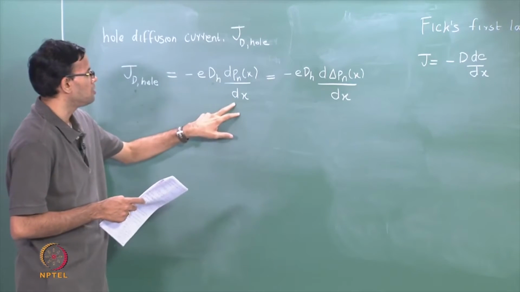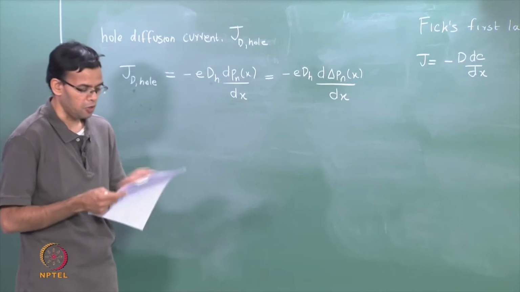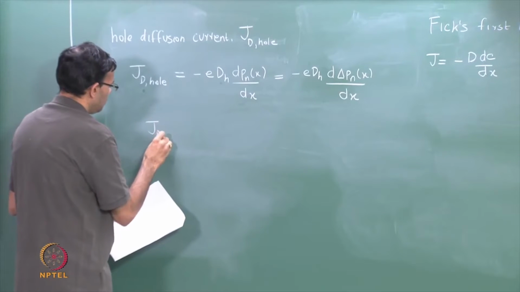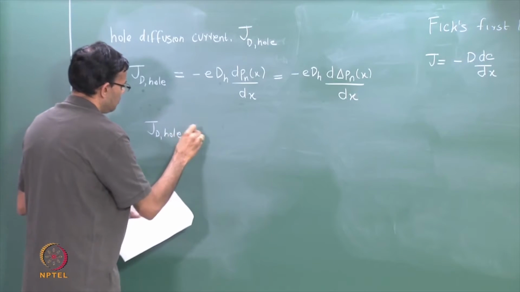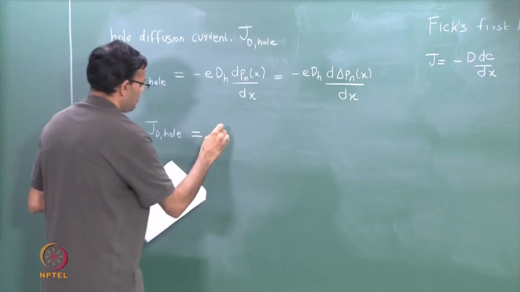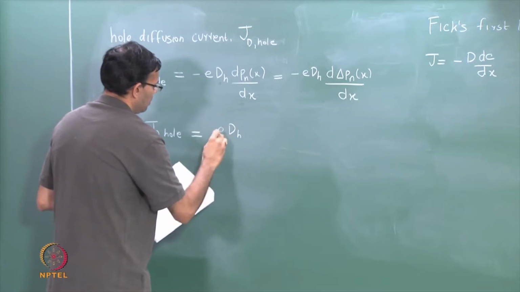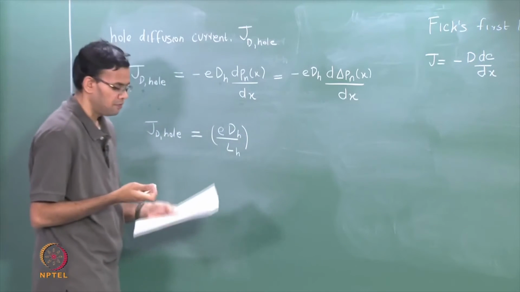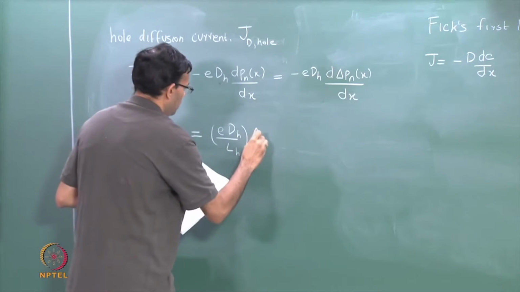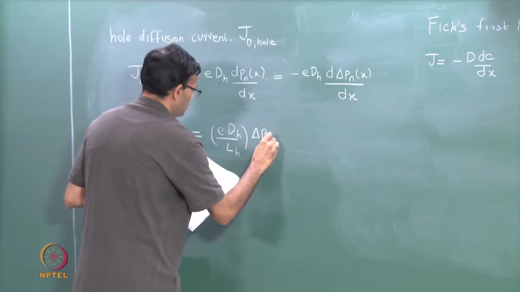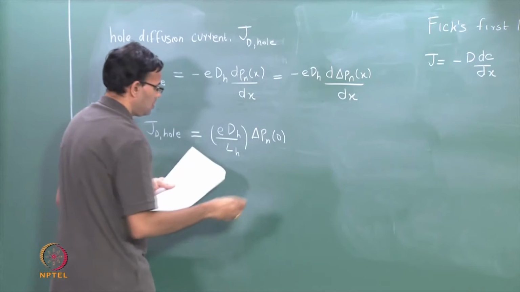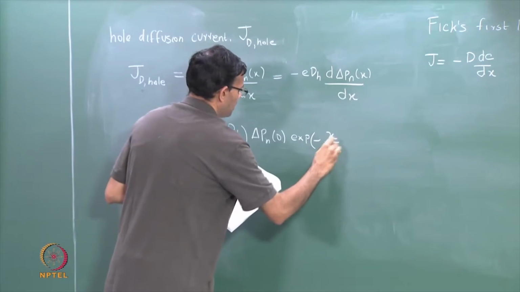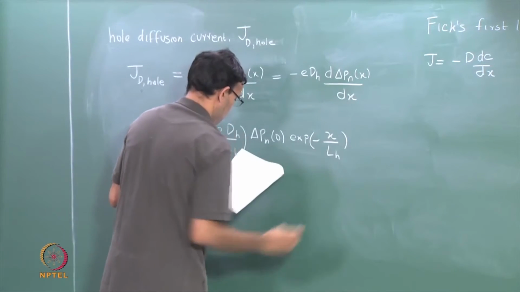So, we can substitute the expression for Pn that we got and do the differential, so that J hole is nothing but E DH over LH. I will only write the final expression: delta Pn naught exponential minus x over LH.